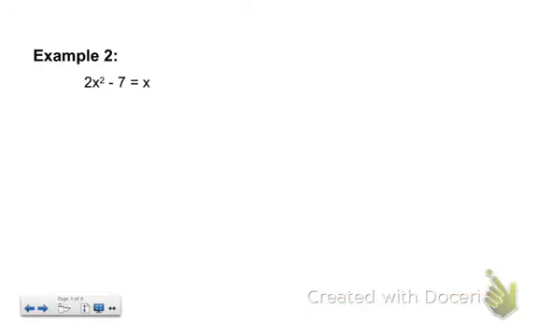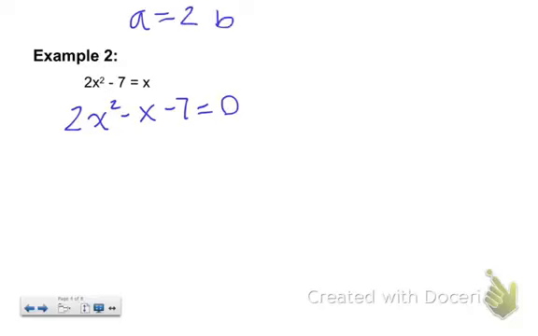Okay, for another example, again, it has to be in standard form, so I'm going to subtract x from both sides. I get 2x squared minus x minus 7 equals 0. Again, I think it's helpful to write out a is 2, b is negative 1, that's the coefficient of the x, and c is negative 7.